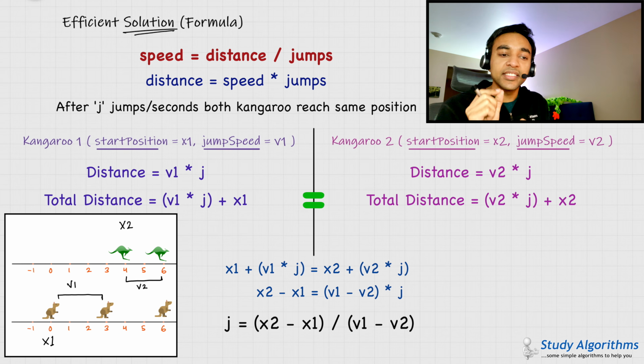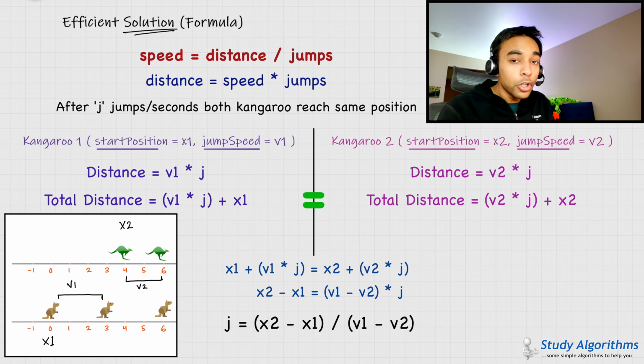Now j is the jump when both the kangaroos will be at the same place. As per the problem statement, we want the value of j to be an integer, right? That means that the kangaroo cannot make a 0.25 jump or a 0.5 jump. So all we need to do is make sure that the remainder of this formula should be 0.